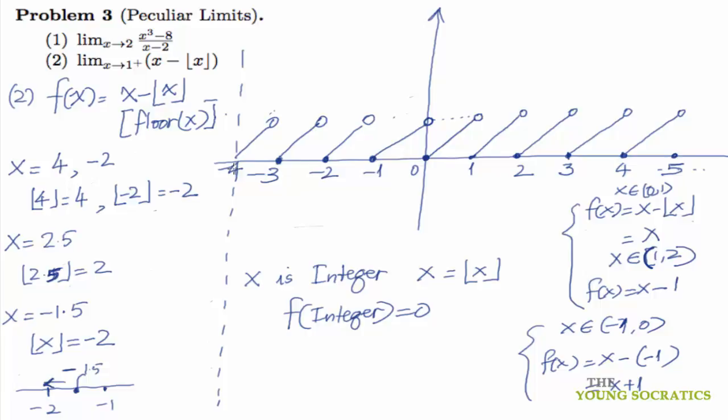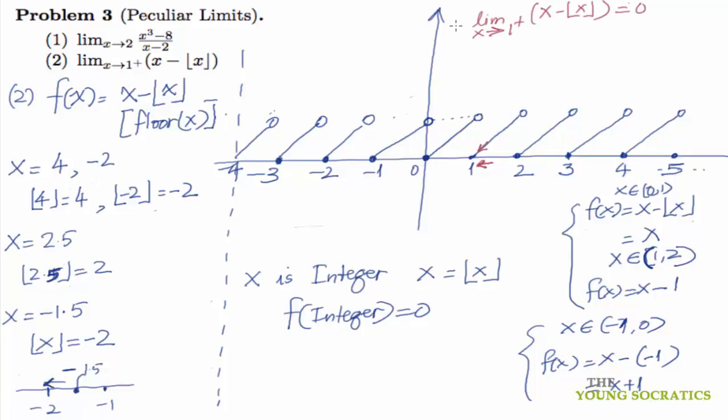So now what we are interested in is the right hand limit at x equal to 1. Okay, so intuitively, as we approach x equal to 1 from this direction, y approaches the value 0. So the limit as x approaches 1 from the right of x minus floor of x is 0.